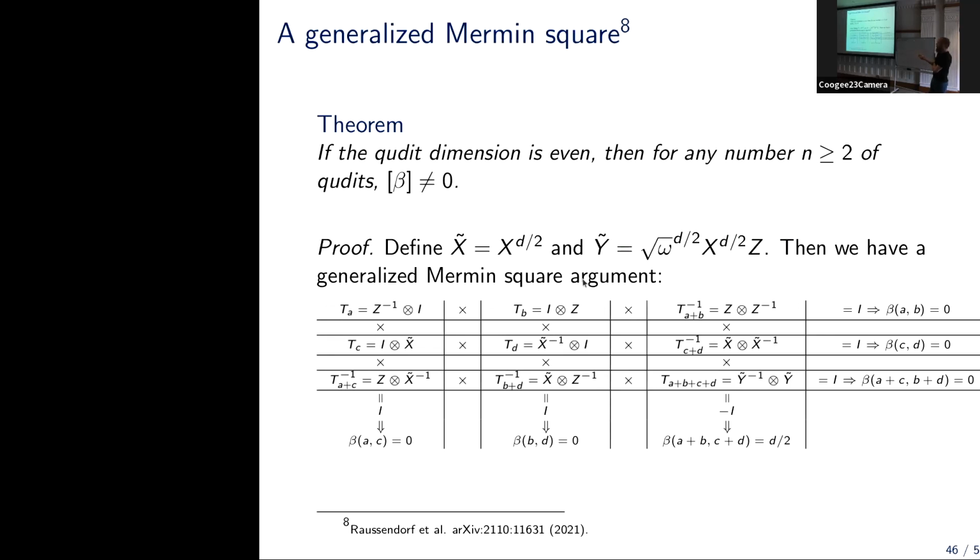So if you have qudits of any even dimension, you define something like a local X operator and a Y operator, and then the rest of the proof is identical. It just shows that the cohomology class of beta is non-trivial, and so you can't choose the phases so that beta is identically 0.